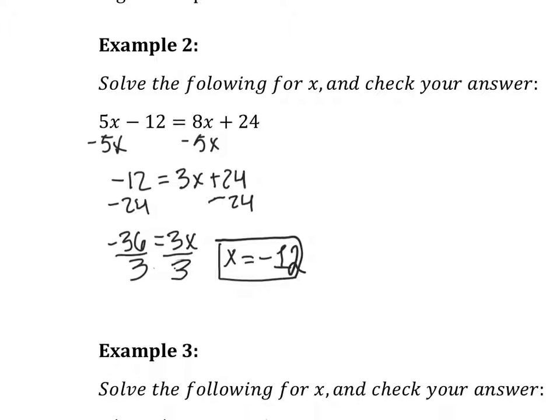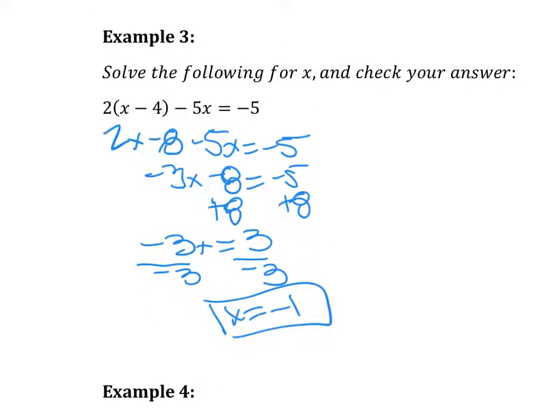So again, it doesn't matter. Just pick a side, go with it. So here you would just subtract one of the x terms to get those together, and then you would solve for x. You should end up with x equals negative 12. Because you did 3 divided by 3, I think. Yeah. Any questions on example 2?